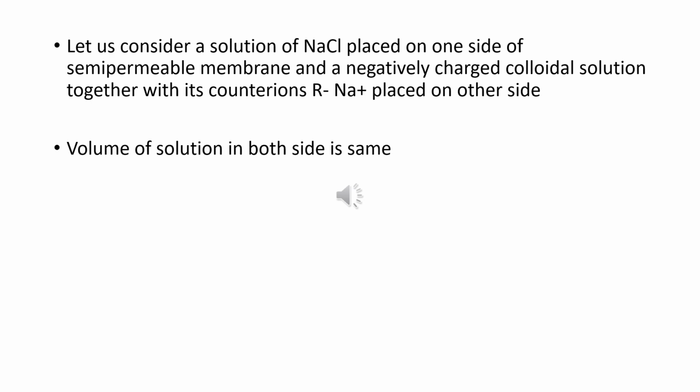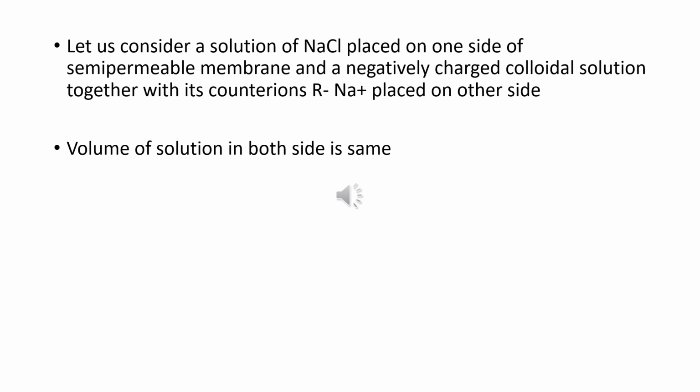There is an example for the Donnan membrane effect. Sodium chloride solution is placed on one side of the semi-permeable membrane, and a negatively charged colloidal solution with its counter ions, written as R minus Na plus, on the other side.